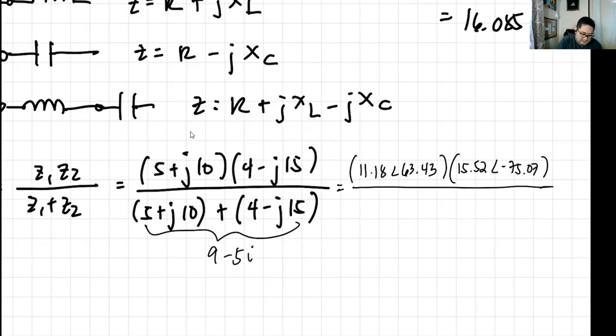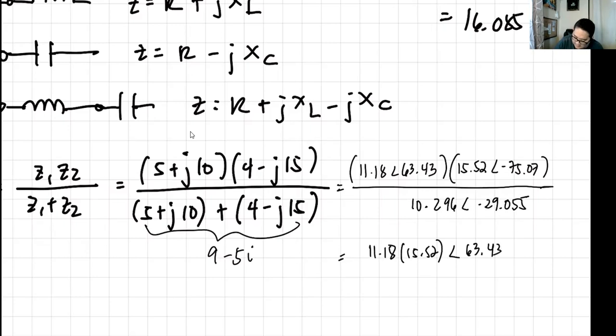Okay? I-change natin sa polar. That is 10.296 angle of negative 29.055. Okay? So, ito, kung ipa-perform natin yung polar multiplication, this is 11.18 times 15.52 angle 63.43.